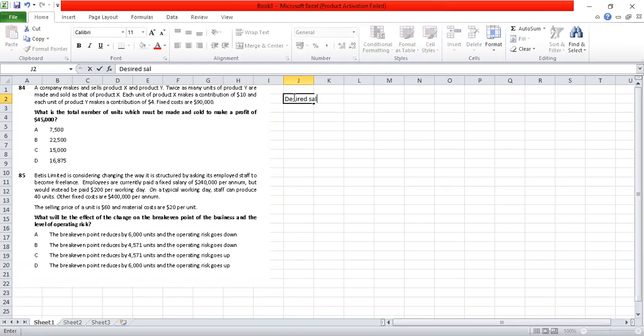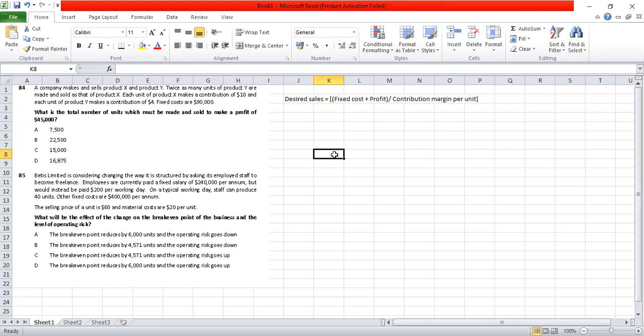Desired sales is equal to fixed cost plus profit, the whole thing divided by contribution per unit. Okay, that's the formula. That part is fine.